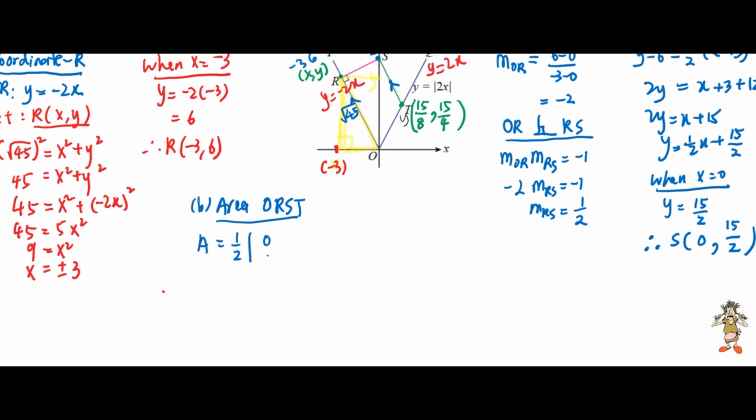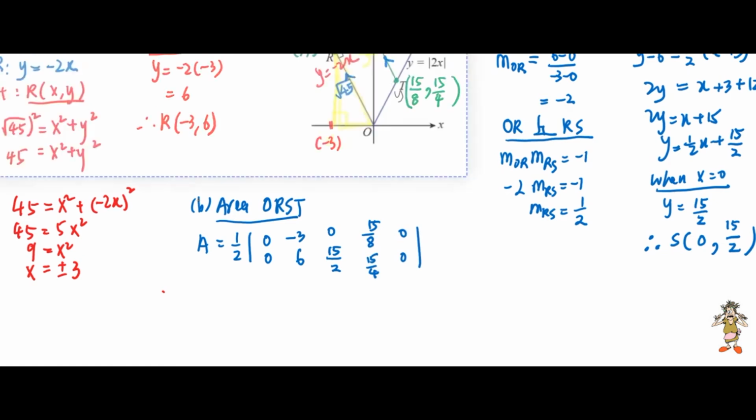So 0, 0, then R is -3 and 6, then S is 0, 15/2, and T is 15/8, 15/4, and back to 0, 0.